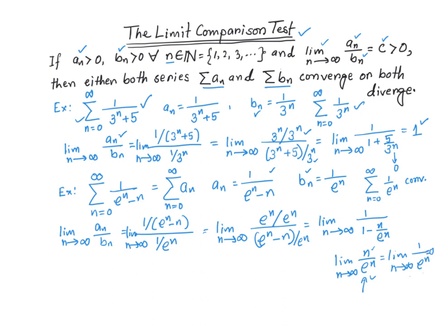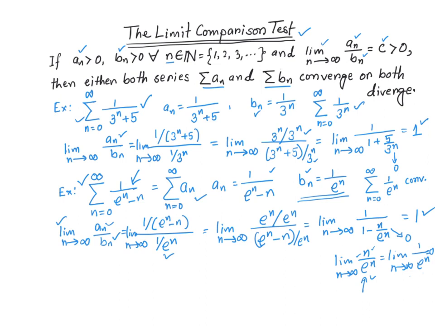So this limit goes to 0, which tells me that the ratio goes to 1. So the limit as n approaches infinity of a_n over b_n is equal to 1. Since b_n, 1 over e to the power n, converges, it must be the case that the summation of a_n also converges, so the summation n equals 0 to infinity of 1 over e to the power n minus n converges as well.